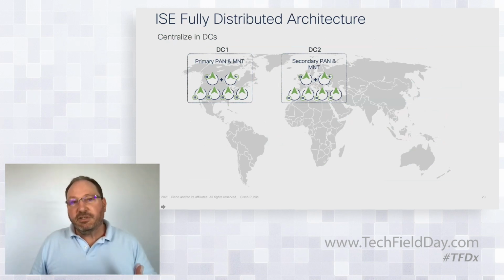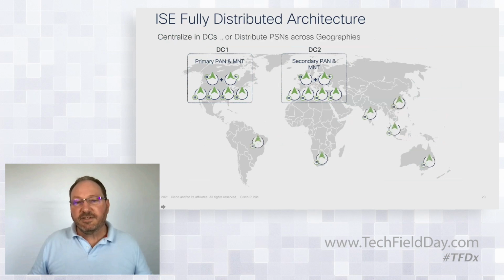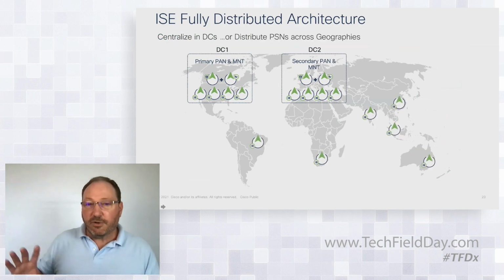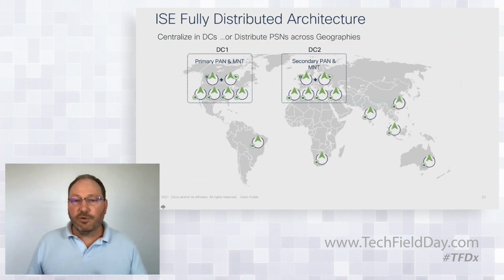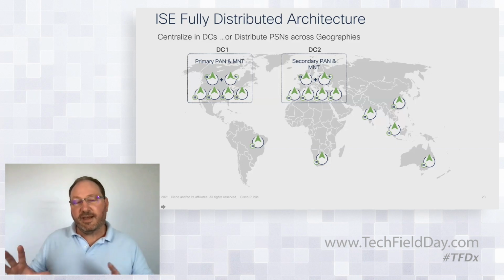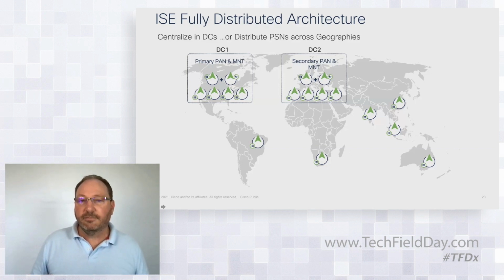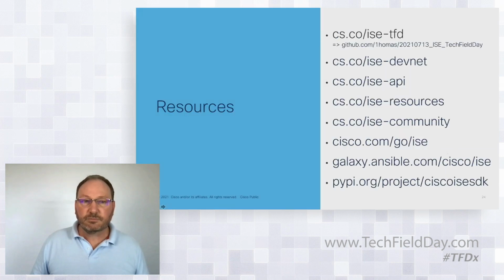But the ability to do this in the cloud now gives them options. If they don't have a data center in a particular region of the world, or they don't feel like they can put ISE and Active Directory and other things in a particular office in a region, now they have the ability to do it in AWS or any other public cloud provider.